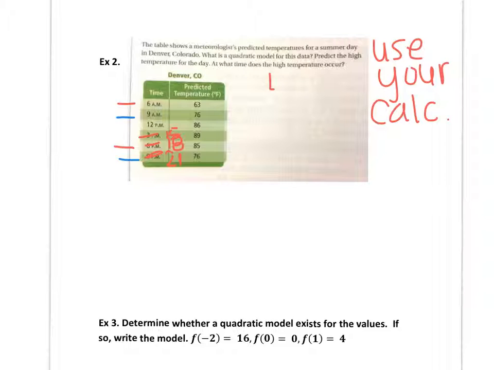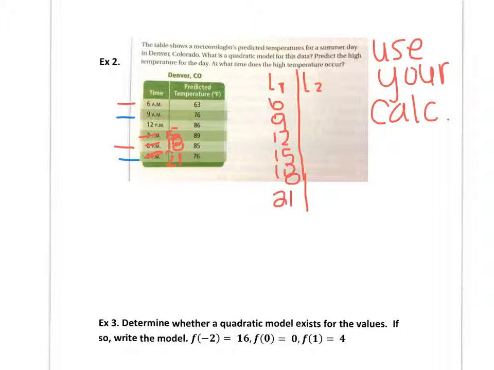So what you're going to want to do is go to Stat Edit, and in L1, you're going to write 6, 9, 12, 15, 18, 21. Now, technically, you only need 3 of those values.